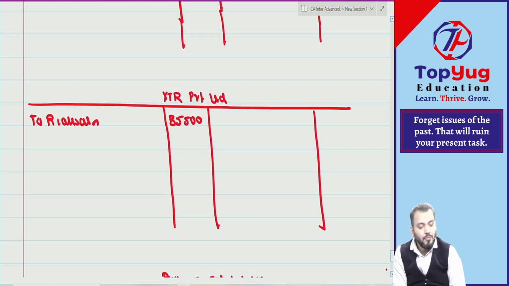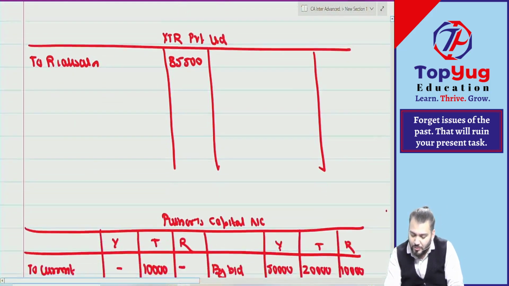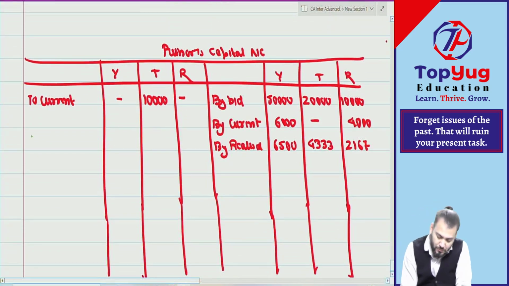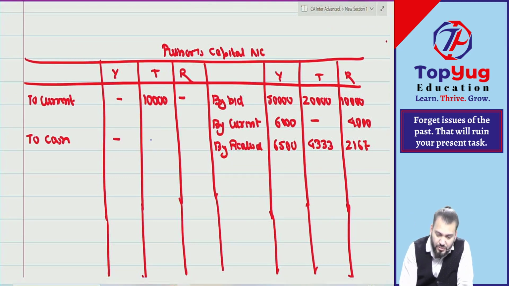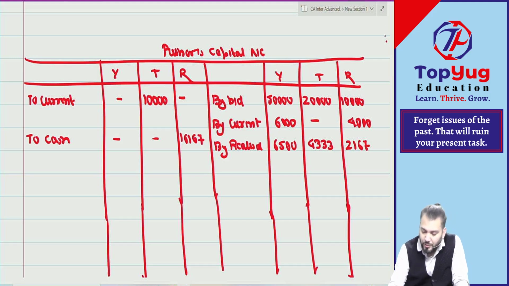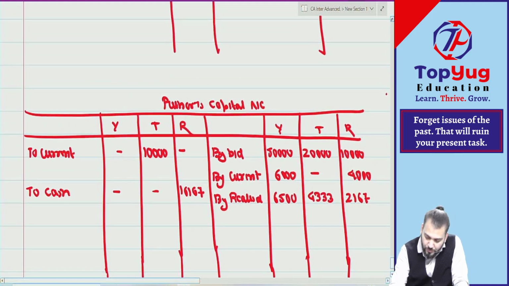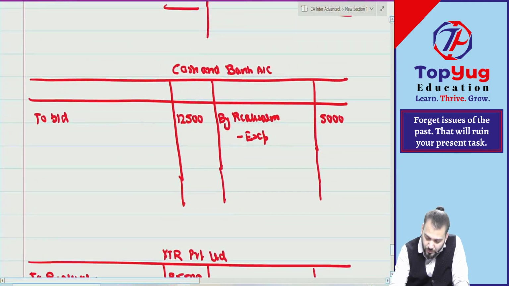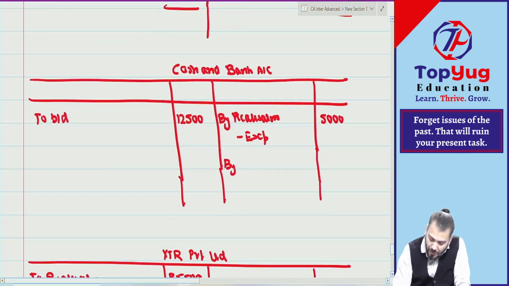Now, what they have given is that Ruchika is agreed to retire and he will be paid. So let us pay him 16,167. This will come to which account? By Ruchika capital account.